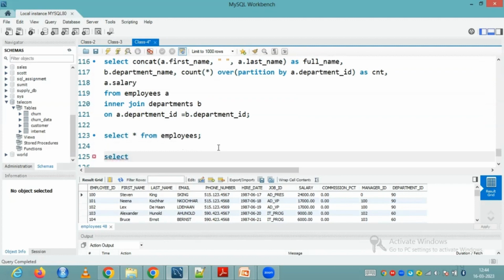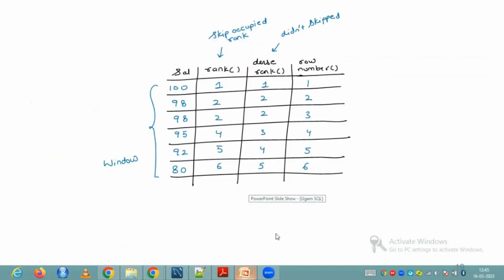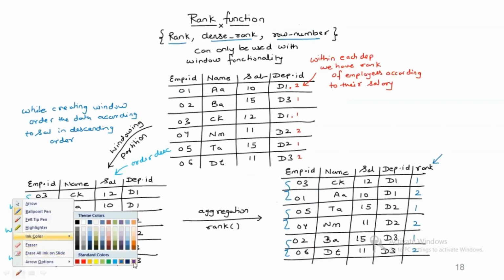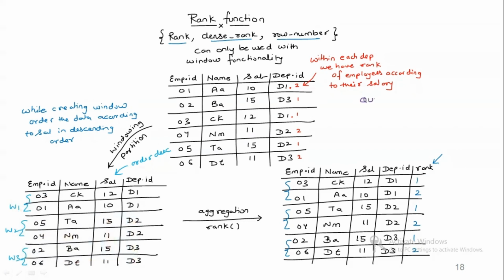So select star, comma, rank over partition by department ID. Now while I'm creating a window, there is one small change in the query. I have to order my data, right?